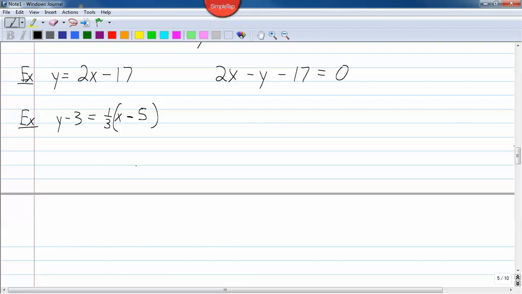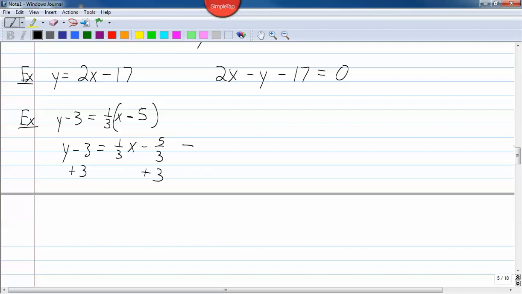What if I wanted to write that in general form? Alright, I need to multiply out the right side. So y minus 3 equals 1/3 x, and then multiply 1/3 times negative 5, you get negative 5/3. Now move the 3 over. So plus 3, plus 3.